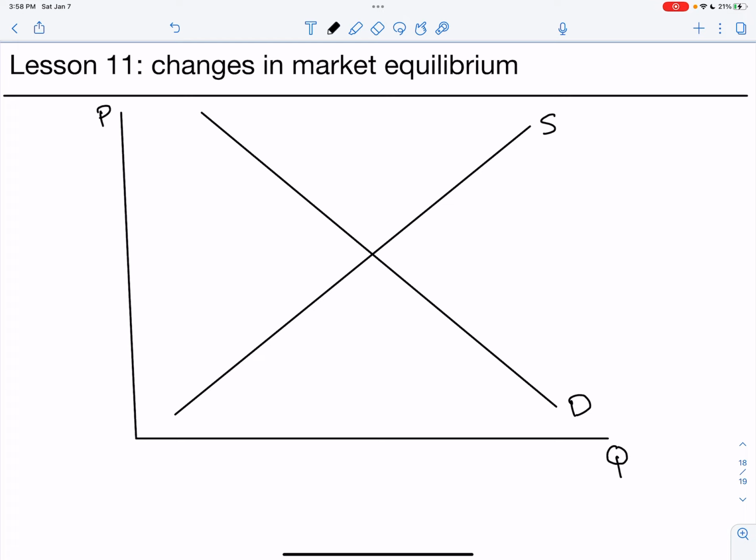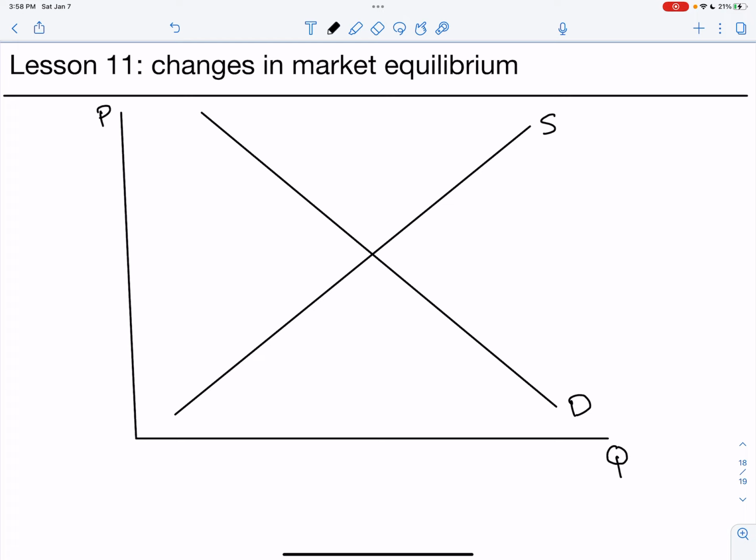I think that's a really good thing to do. But what I would recommend, at least if you're taking a test, is to simply draw the curves, just like I did here. When I was taking intro to microeconomics, when I would see a question like this on a test, I wouldn't even bother trying to go through the logic. I would just draw the curves and see what happened visually.